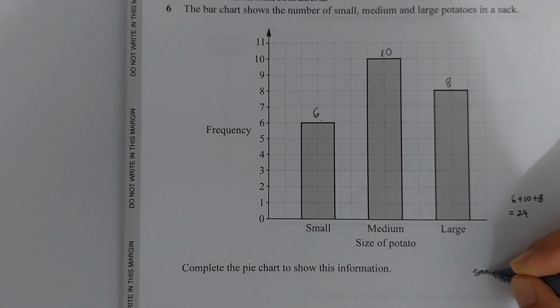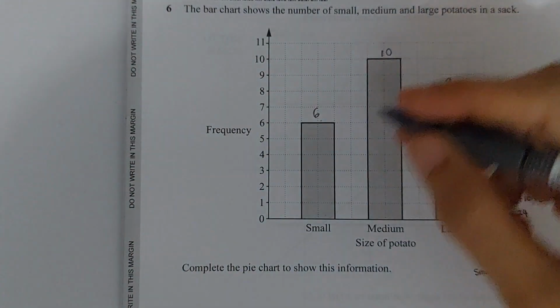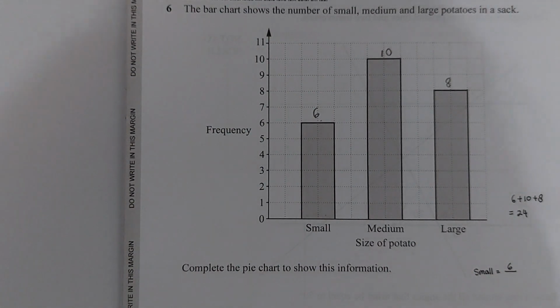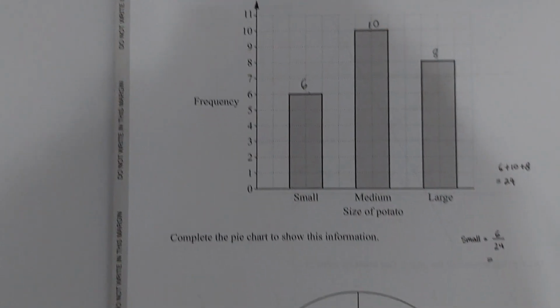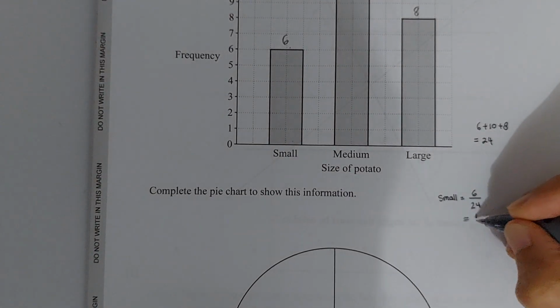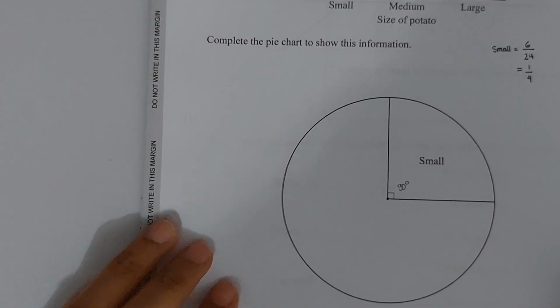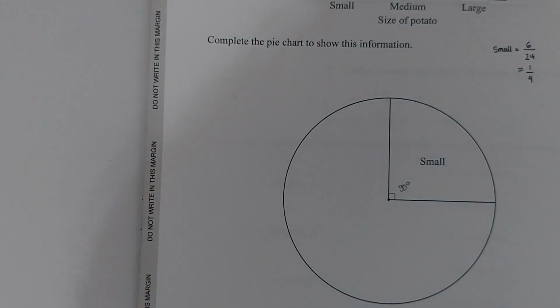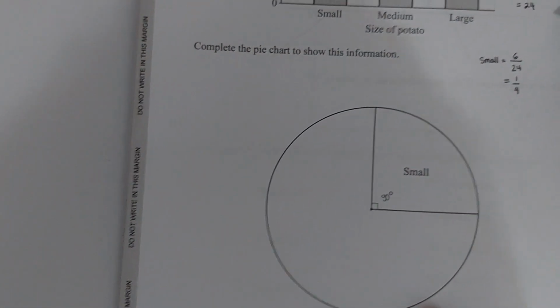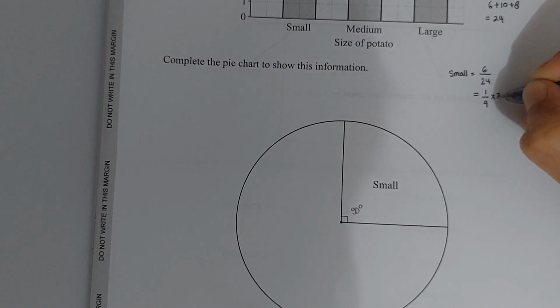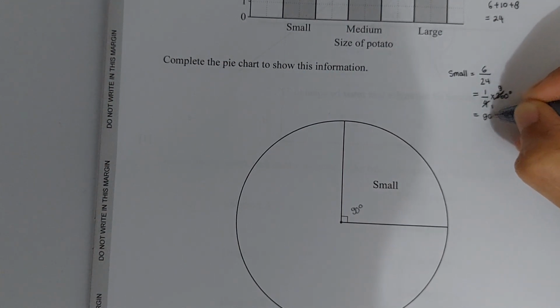I can simplify this one, both of them divided by 6, correct? It will be 1 over 4. Now, 1 over 4 of what on the pie chart? In the pie chart, full rotation will be 360 degree. So in here, I will times it with 360 degree, which is that one divided by 4. This one is 90, so the answer will be 90 degree.